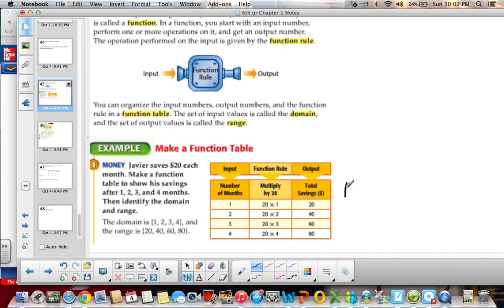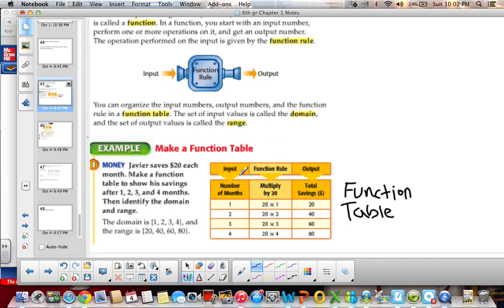You might want to write this into your notes so you have an example of a function table. We're going to be doing another one together in a couple slides. So if you want to just listen and watch, or if you want to write it down, that's fine. Remember, there's a bunch of vocab words on your tip chart, so you may want to include those on your chart or at least get those into your notebook as well.